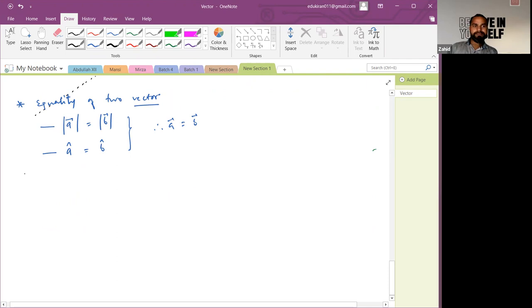Now next is operation on vector. So we have two different ways of operating any vector. First is, let's say, addition.